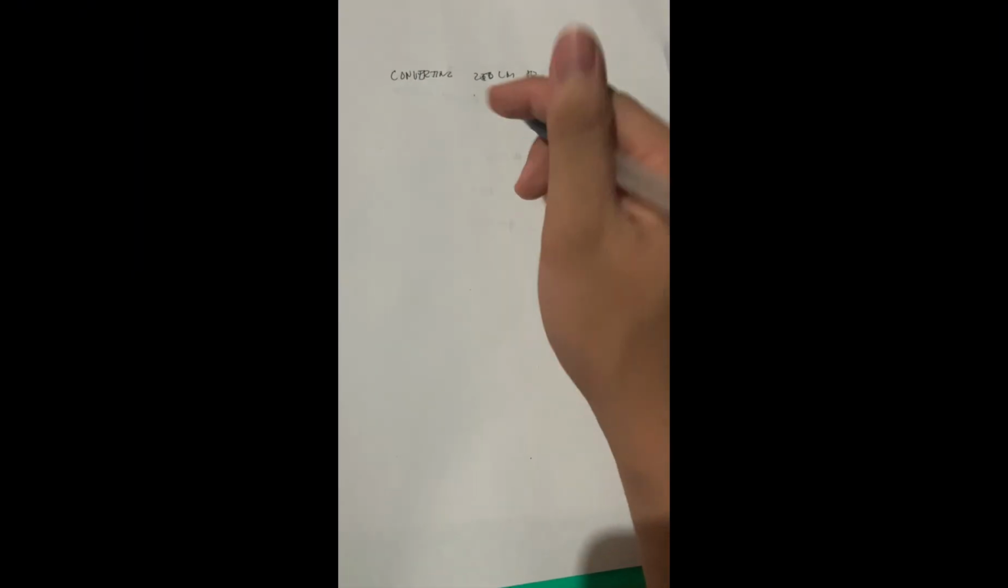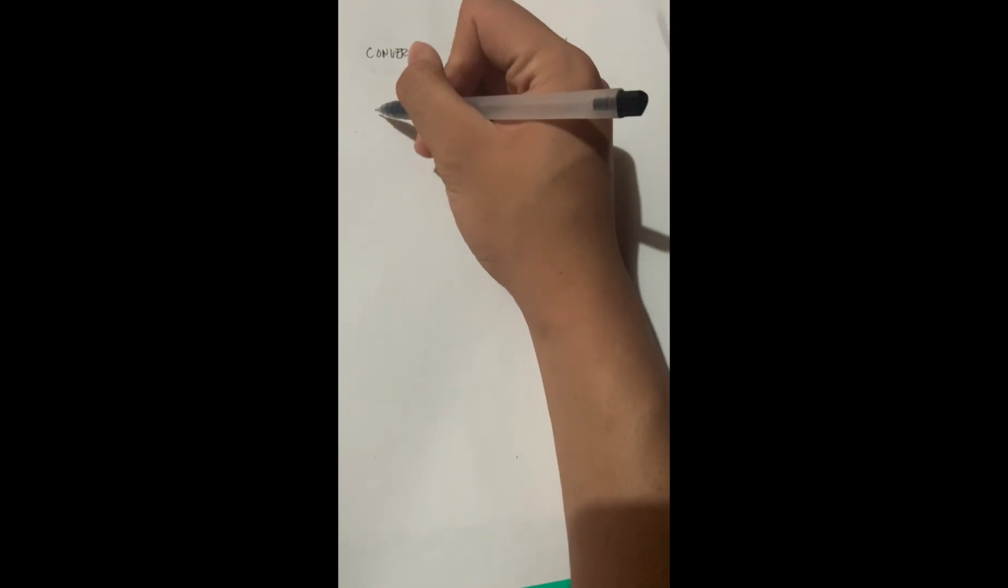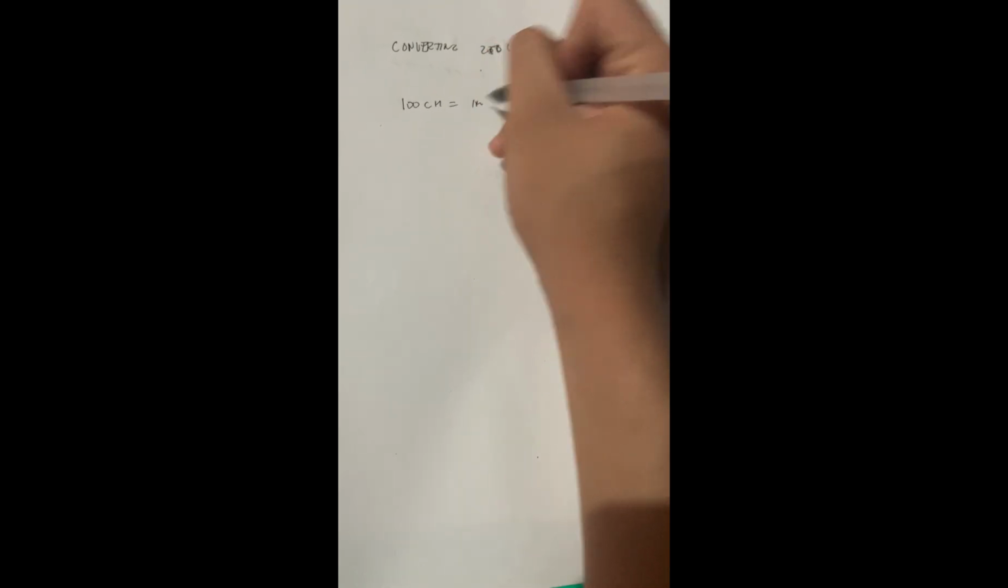That easy? Our next example is converting 250 centimeters to meters. Step 1, the relationship: 100 cm equals 1 meter.